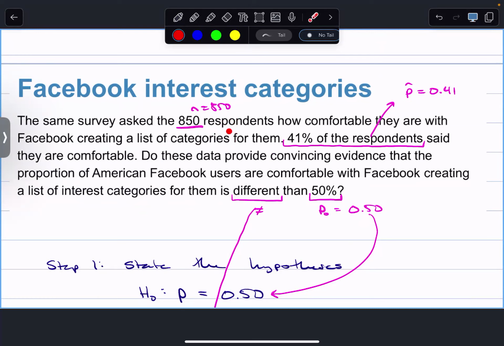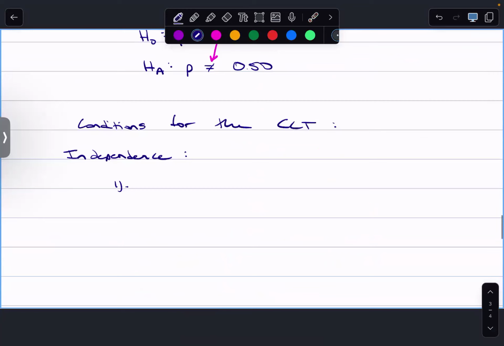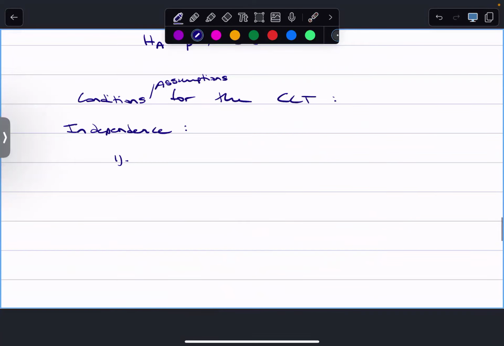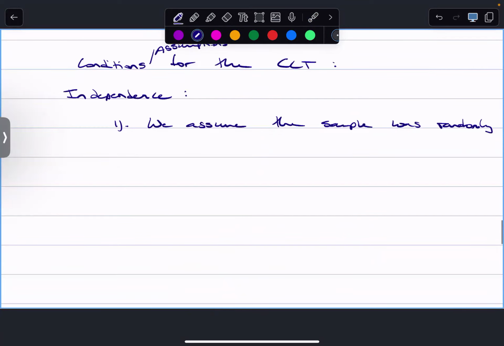And so I'm going to say that we assume the sample was randomly selected. That's fine. It might be more helpful to think of the conditions as checking your assumptions or stating your assumptions. So randomly sampled, we assume the sample was randomly selected.